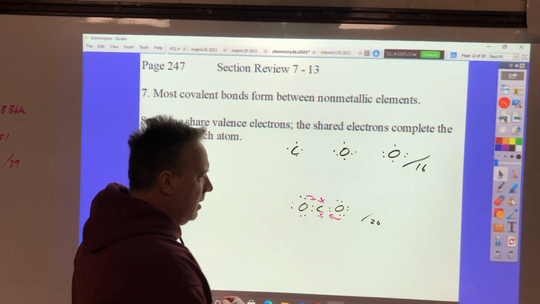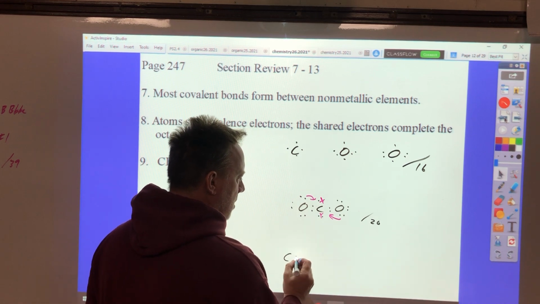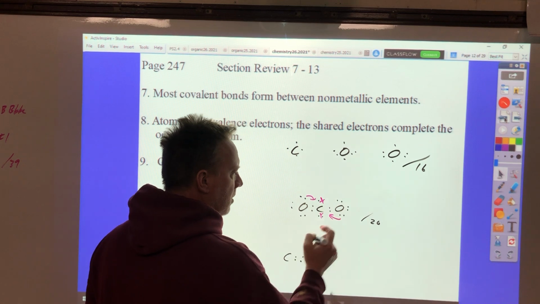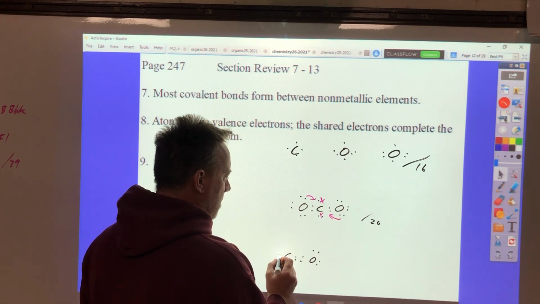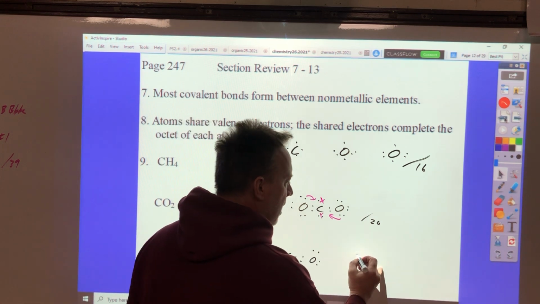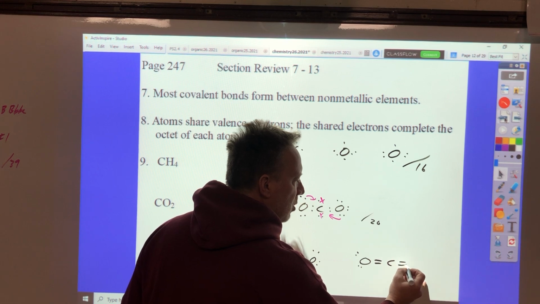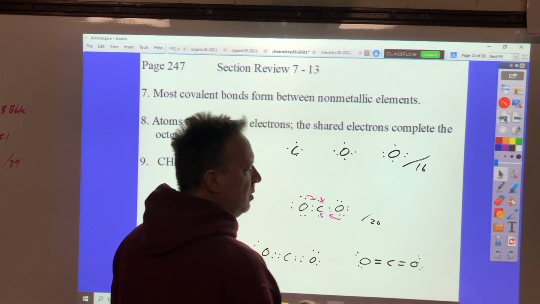Once I do that, I have a carbon, 2 shared pairs, an oxygen with 2 lone pairs, 2 shared pairs, oxygen, like that. So when you're done, double bond, carbon, double bond, oxygen, this is what you have.